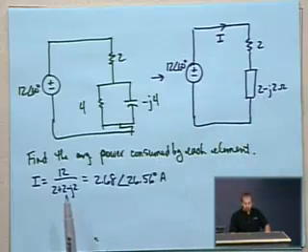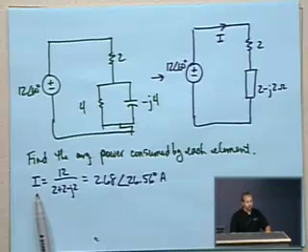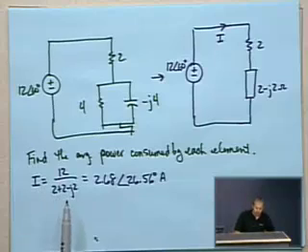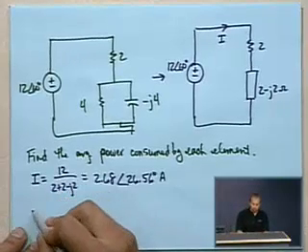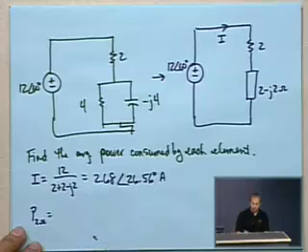And so when you want to find out the total current running through the circuit, I is the 12 volts divided by the total impedance seen, 2 plus 2 minus j2, which gives you 2.68 at an angle of 26.56 degrees. So now calculating the power in the 2 ohm resistor is pretty easy.